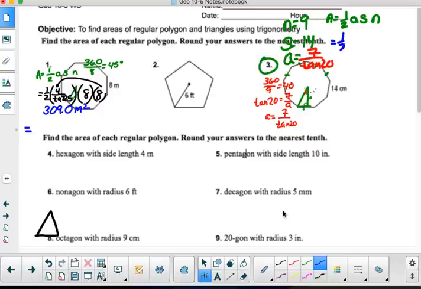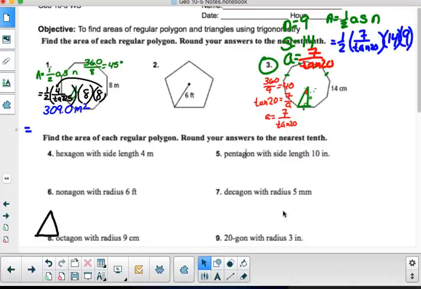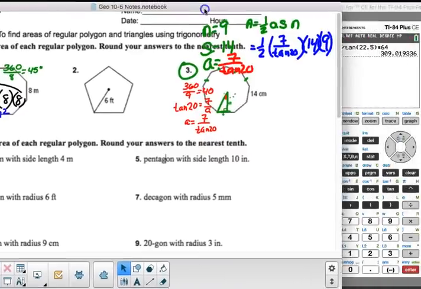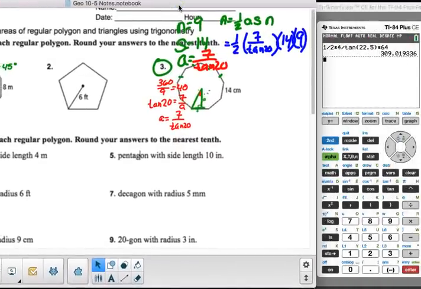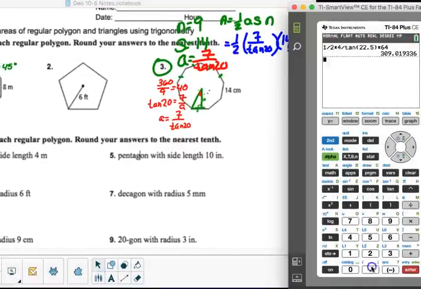I know I got 1/2. A was 7 divided by tan of 20. S is 14. N is 9. I'm going to move this over so I can get my calculator up here and find my answer. I'm going to use 0.5 instead of 1/2.